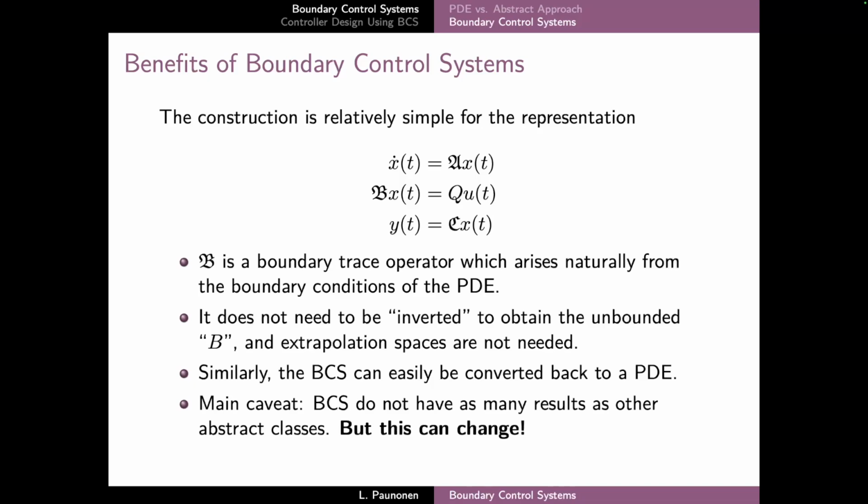This is because the operator B on the left-hand side of the second equation is now a boundary trace operator, and it does not have to be inverted in order to make it appear on the right-hand side of the first equation. And similarly, if we have a boundary control representation in the abstract domain, it is relatively straightforward to describe this as a PDE system.